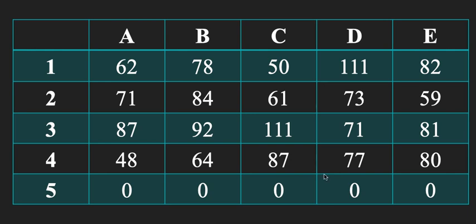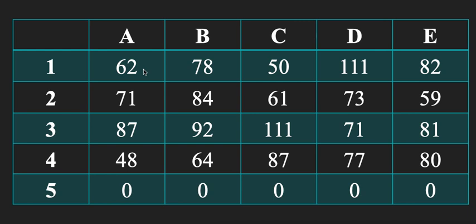Now the second step is, we have to find the highest profit, or the highest element, in this profit matrix. The highest element here is 111. So we are going to deduct all these elements from 111. For example, we have here 62, that is 111 minus 62, we get 49. Again 111 minus 78, we get 33.